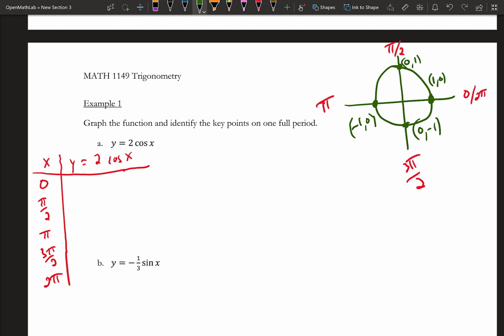So then I'm just going to draw the unit circle really quick up here as a reference. So if I plug these values into 2 times cosine of x, this would be y equals 2 cosine of 0, which is equal to 2 times, so cosine of 0 would be the x coordinate, which would be 1, of this point. So 2 times 1, which is just 2.